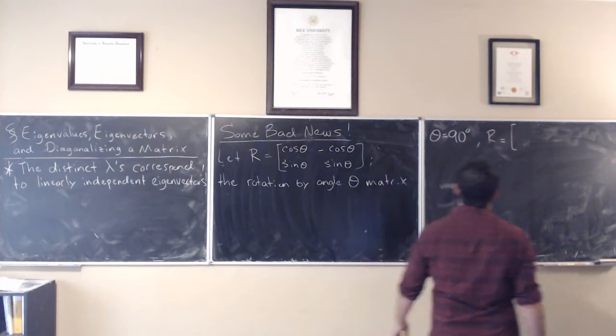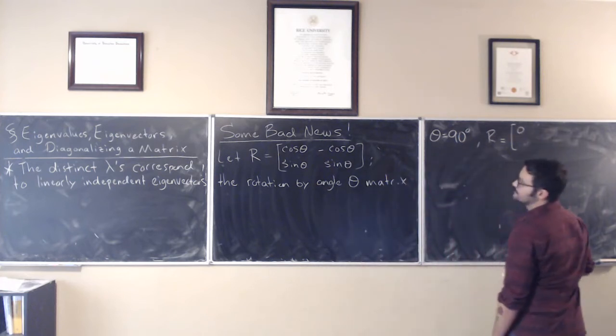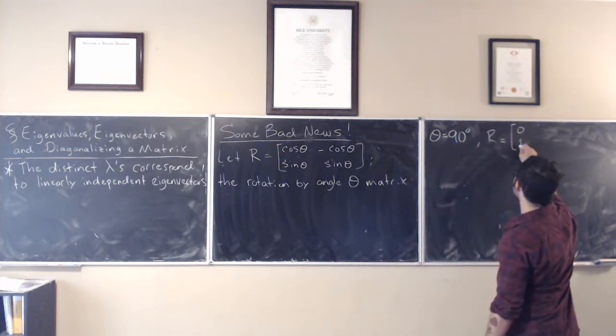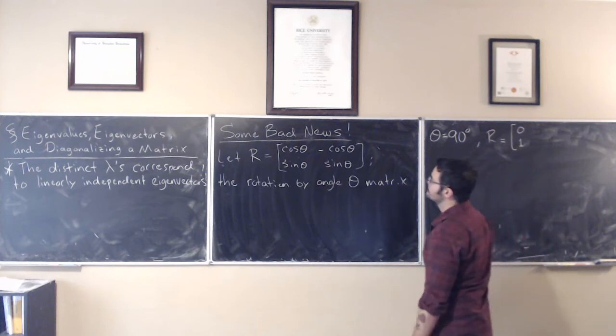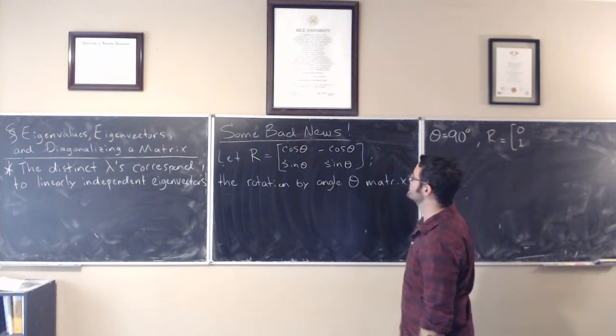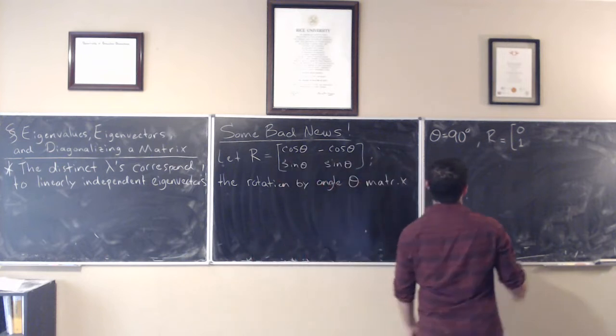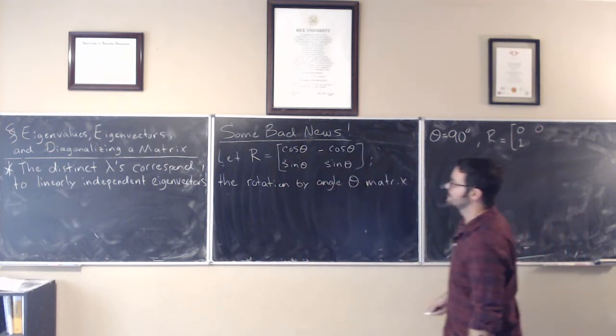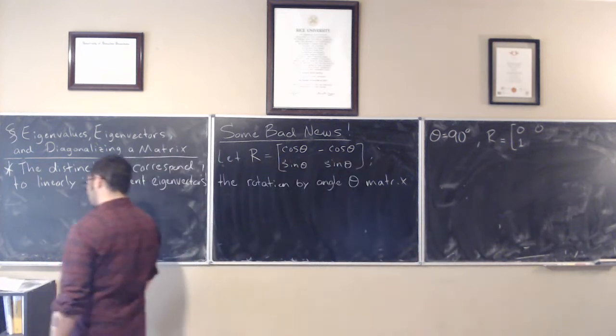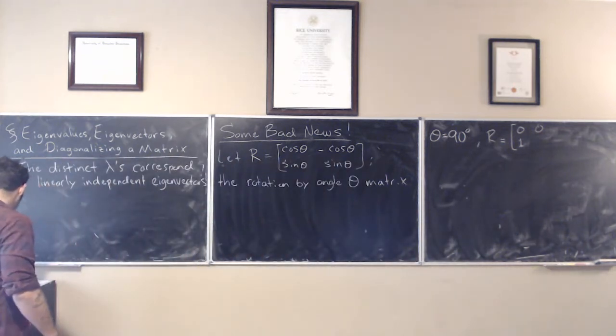So cosine of 90 is 0, sine of 90 is 1, negative cosine of 90 is 0, and then, did I write that down right?